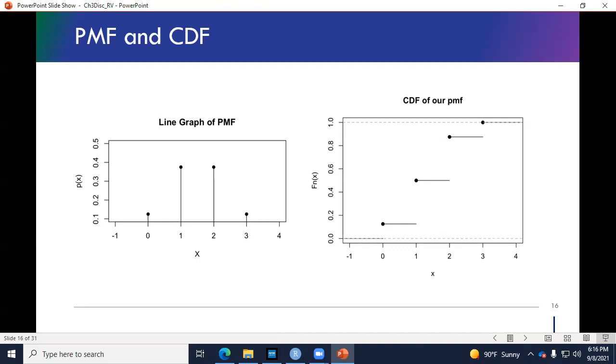Right, because we only have these 0, 1, 2, 3 as realizations for this particular example.